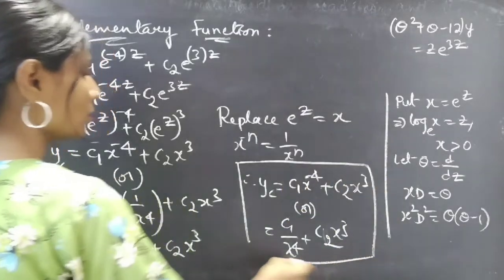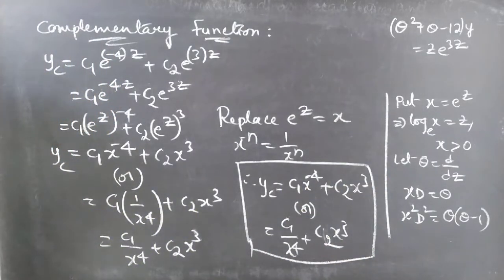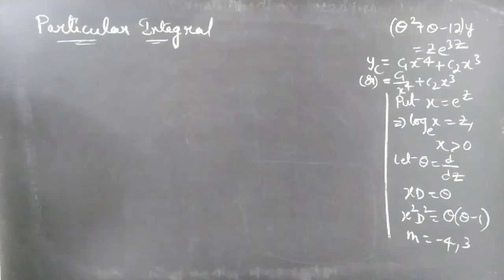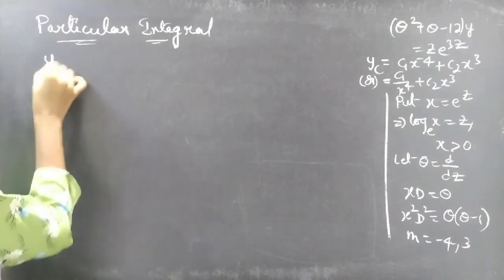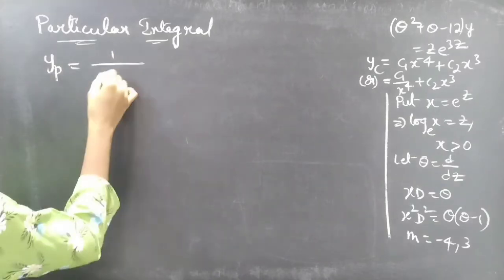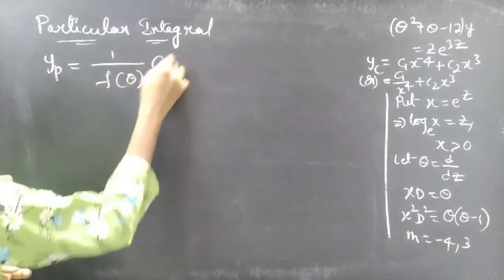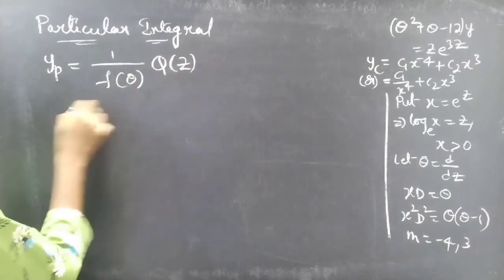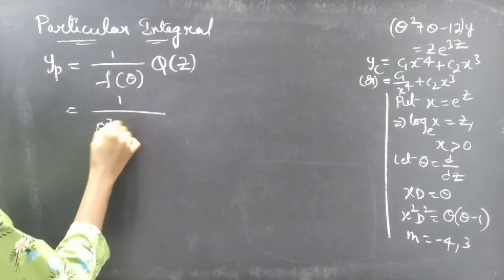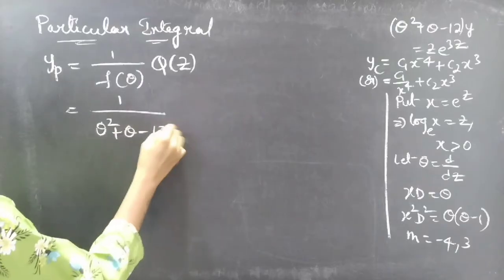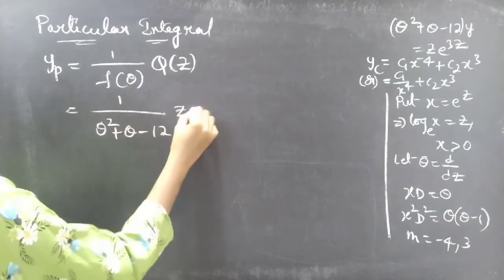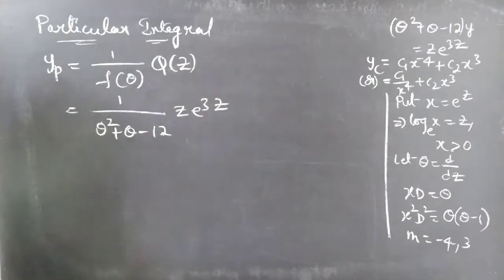We got yc. Let's now find yp. We can find yp using 1 by F of theta into Q of z. We have F of theta = theta square + theta - 12, and Q of z is z e power z.